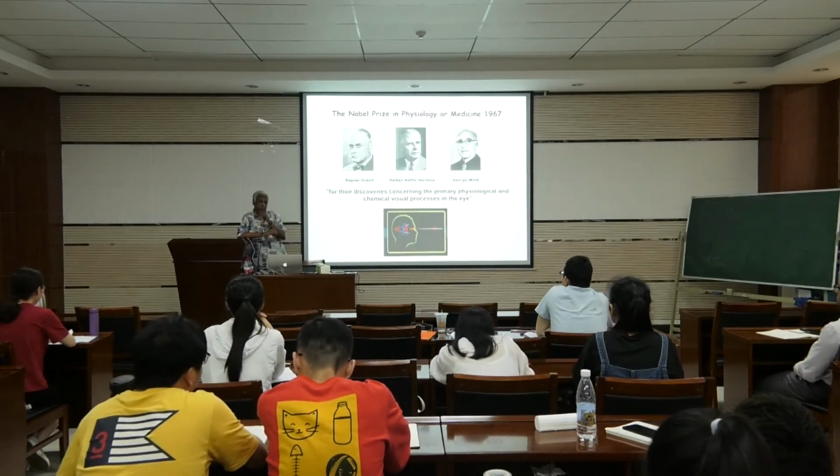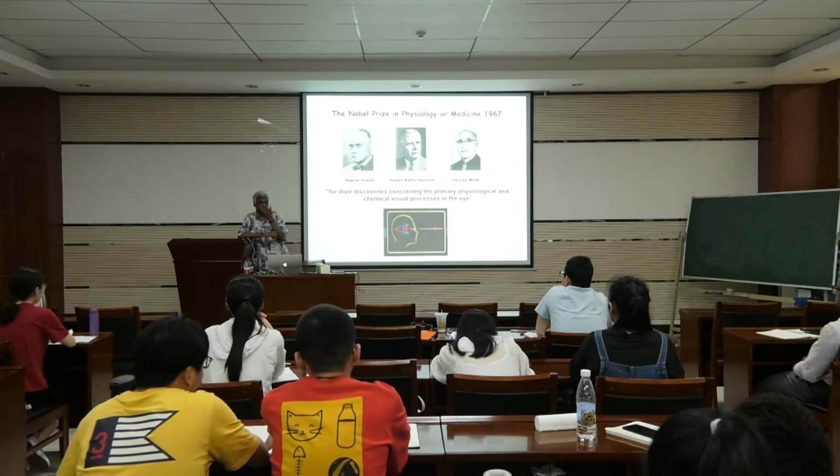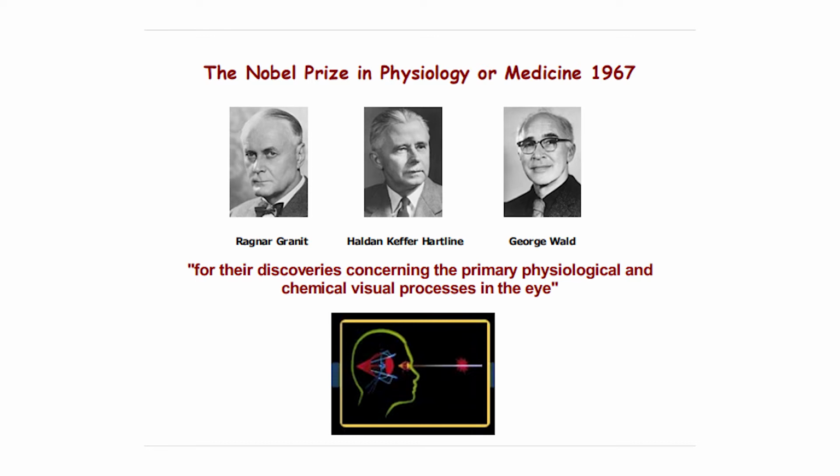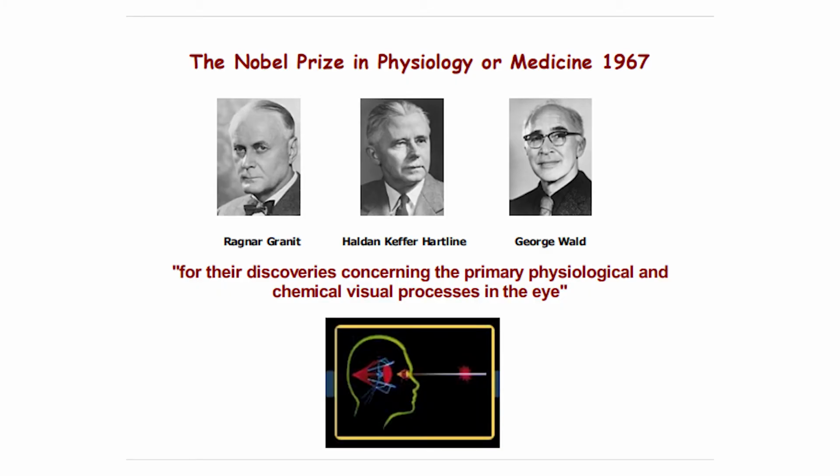Okay. So the original people who recognized that retinol is the most important thing for vision are George Wald and these two doctors. George Wald is a professor of chemistry at Harvard, and they recognized how retinol functions in the ability to see things.